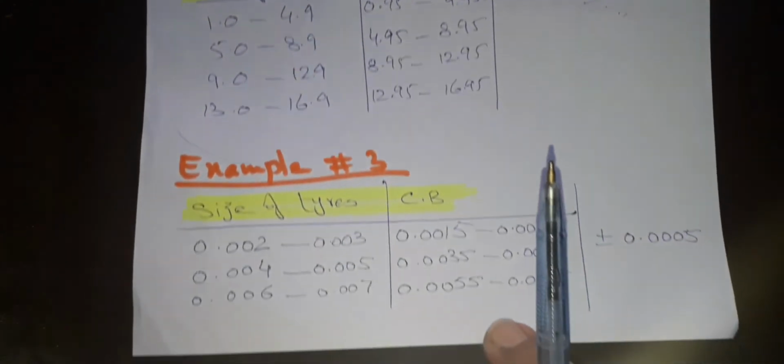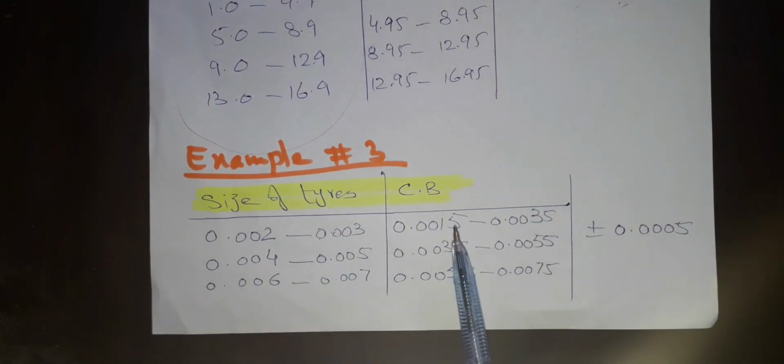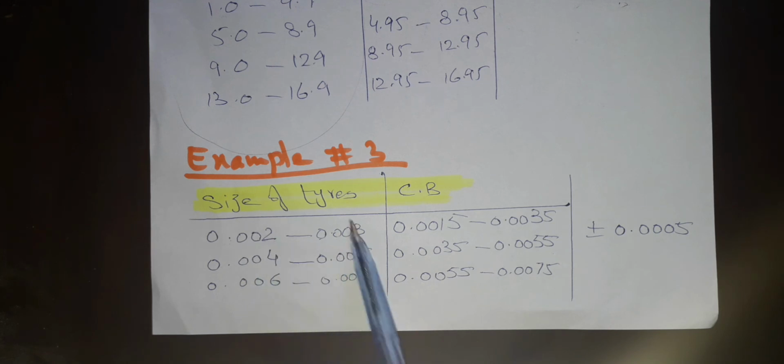Now the last example is here. This is classes and this is CB. Look, how many digits after the point does the classes data have? 1, 2, 3 digits in the whole data.